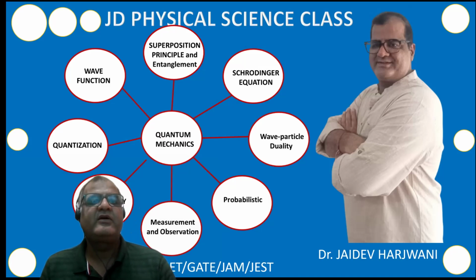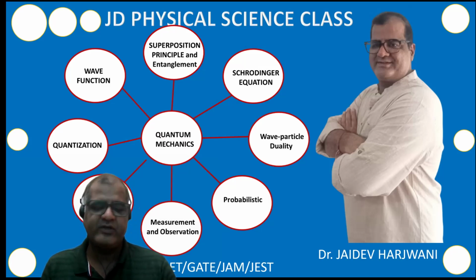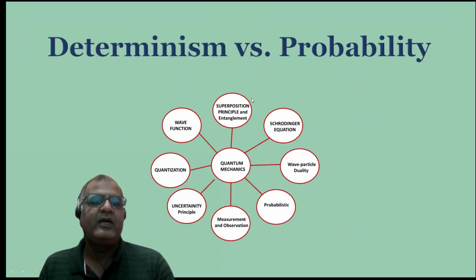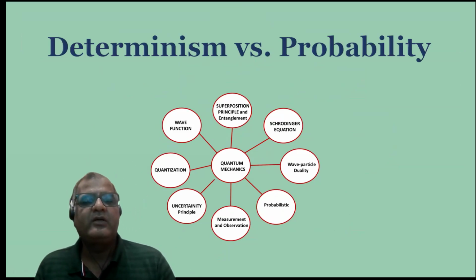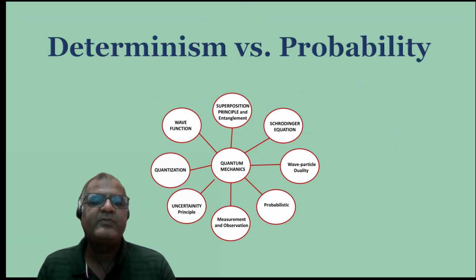Determination means the physical properties of a classical system have definite values at definite times. For example, suppose I know the position of a classical system at a time t, and I know the force acting on this particle. Then I can use Newton's equation of motion to calculate the position of the particle at future times.